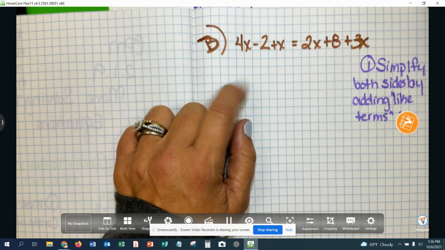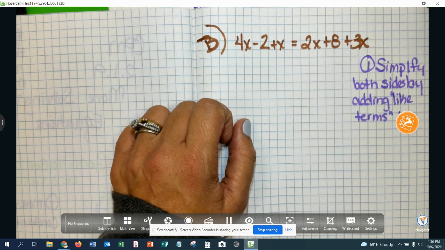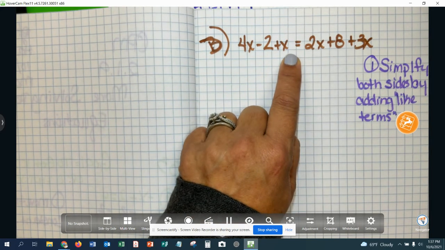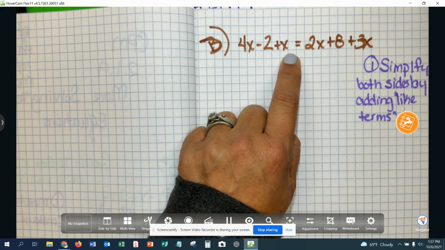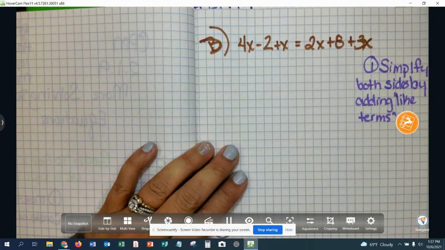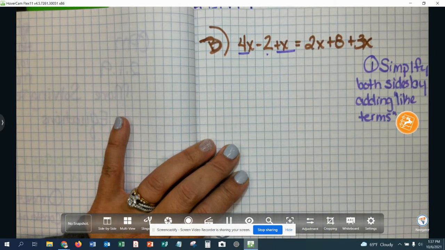There's 3 terms. What terms are variables and what terms are constants? Yep, and then we have another. So what is 4x plus x? So this is a like term and this is a like term.